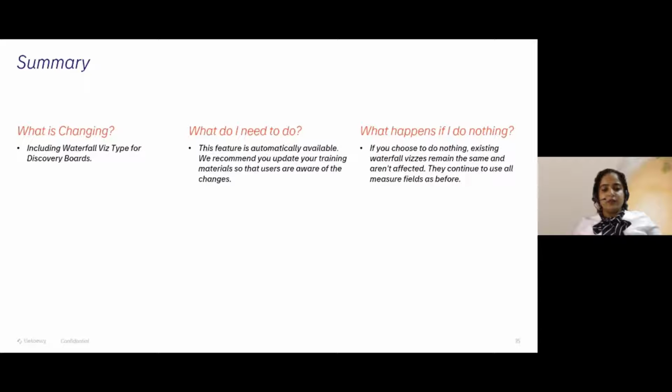And what do I need to do? This is a new feature. It is automatically available. Nothing much needs to be done. And if you don't do anything, the existing waterfall visuals remain the same and nothing is affected. So you can continue to use all the measure fields as before.